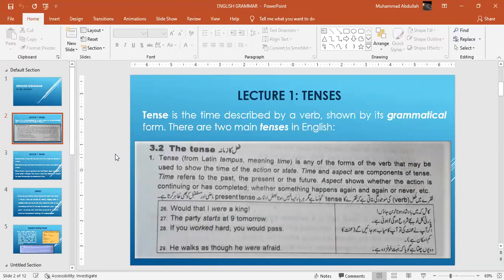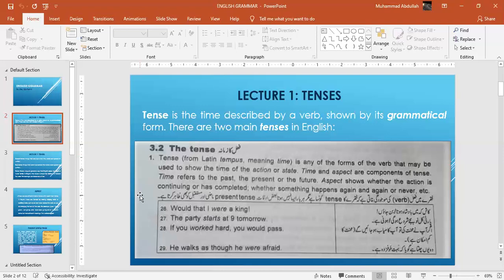Sometimes they show the simple present tense, sometimes progressive tense, sometimes perfect tense, and sometimes present perfect progressive tense. Why is it so? Why these different aspects? They are a connected element of the tense, because human actions take place in all these four different forms.